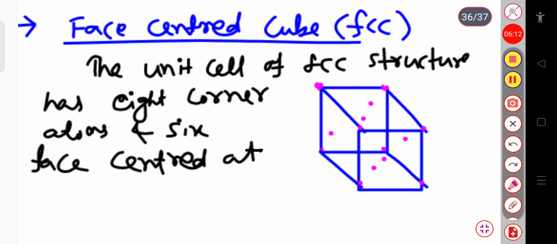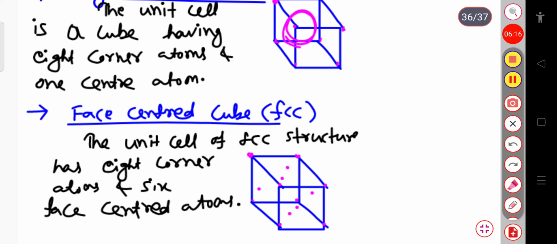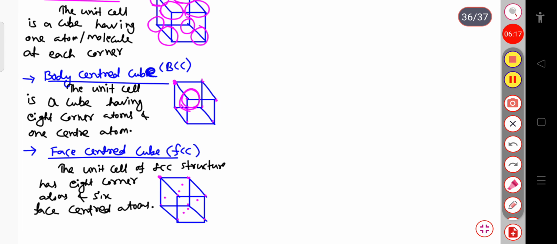This is basically the difference between the simple cubic, body centered cubic and face centered cubic structures.